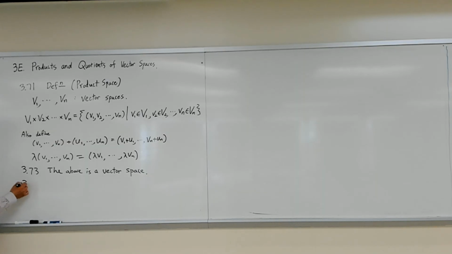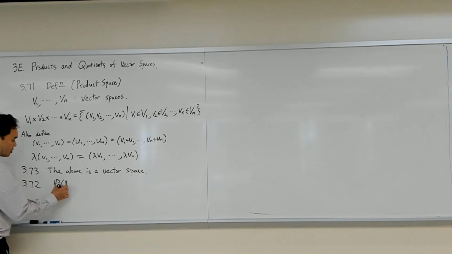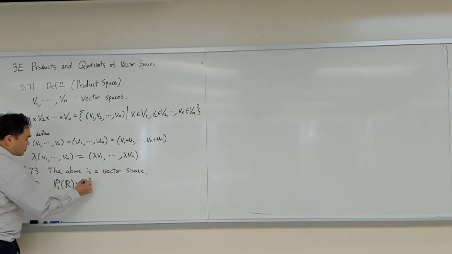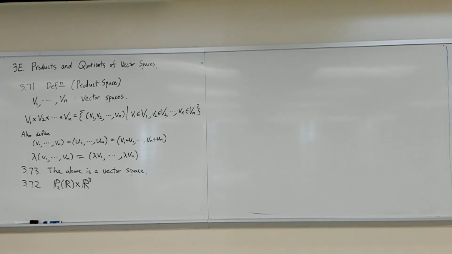So the textbook has some nice examples. For example, 3.72 has P2(R) product with R3. Okay, let's try to find out what this vector space is.